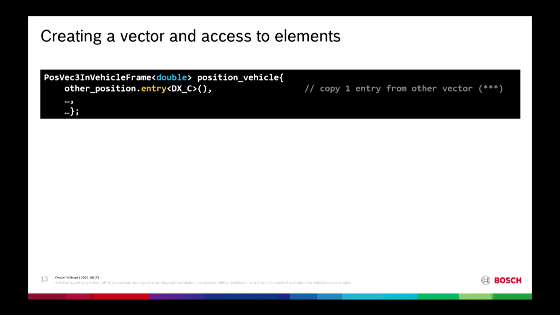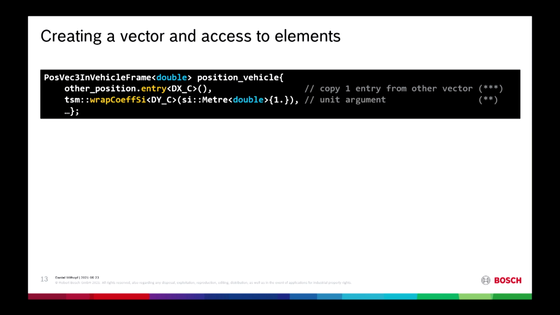And this only works, of course, if other position also has that entry. Otherwise, the user would get a static assertion. So this means, in this case, there's a full check. The other vector has to have the exact same type. It has to have this entry, and only then is this call valid. So this is the 3-star type-safe version.